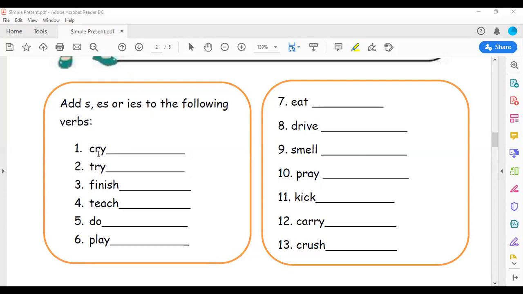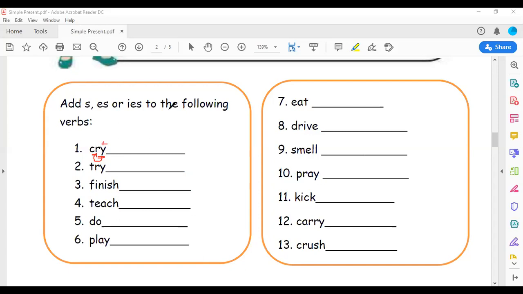Okay, number one, cry. So look at cry here. So cry here ends with Y. Remember, I look before it. Is this a vowel? No, it's not. So what do I do?